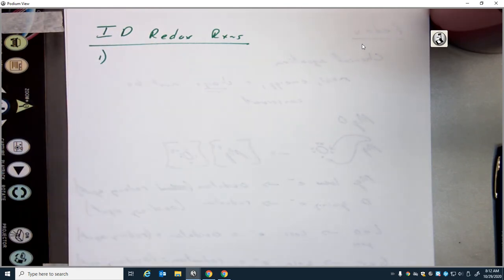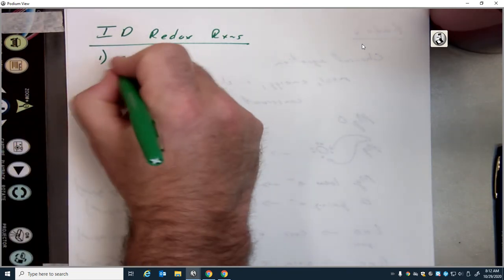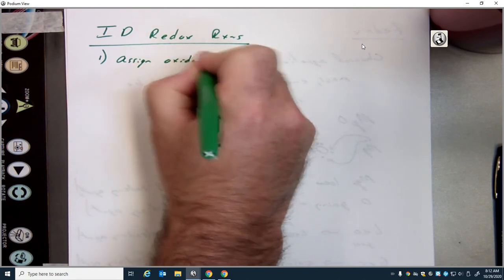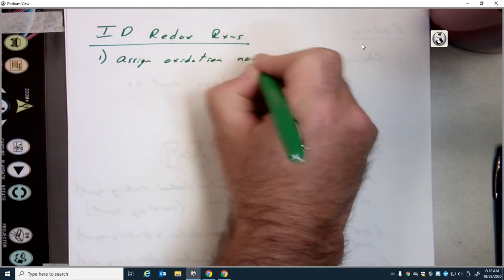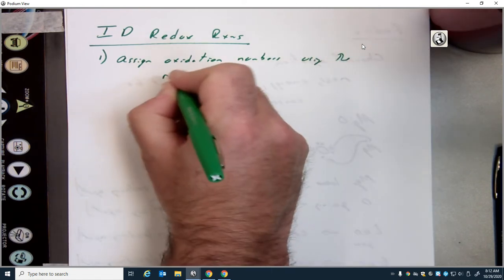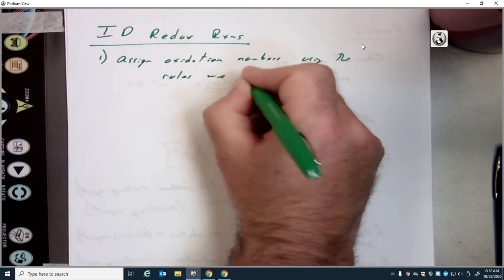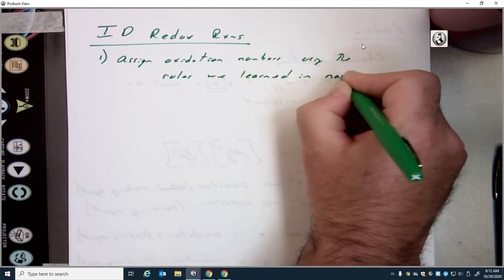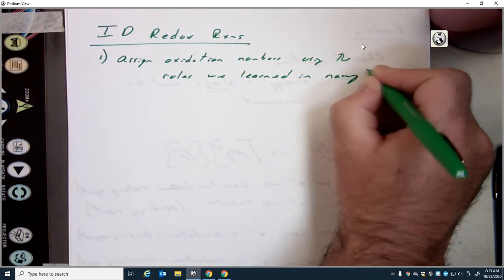Well, the first thing you're going to do is you're going to have to assign oxidation numbers, using the rules we learned in naming ionics.